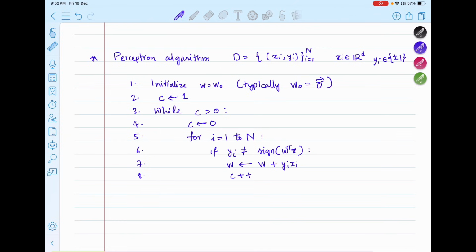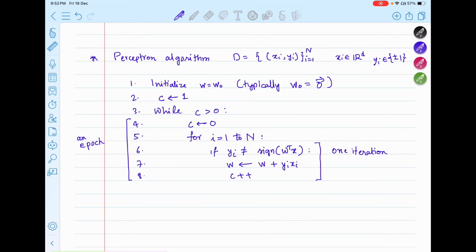This entire step from step 4 to step 8, this is called an epoch. This is one epoch. Similarly, inside the for loop, this is one iteration. One iteration and one epoch.